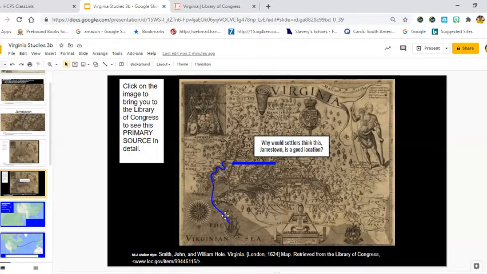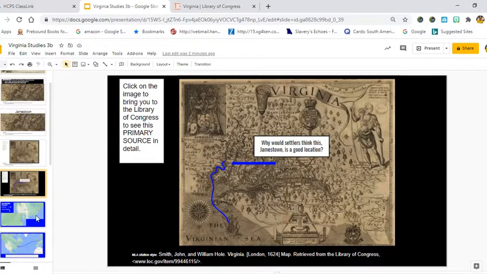And you could see that they leave the Virginia Sea, which now we know is not the Virginia Sea. You'll see on the next map what ocean that is. And they went upriver quite a ways, it looks like. And of course, they're right on the shoreline on the James River. So you can make some educated guesses there.